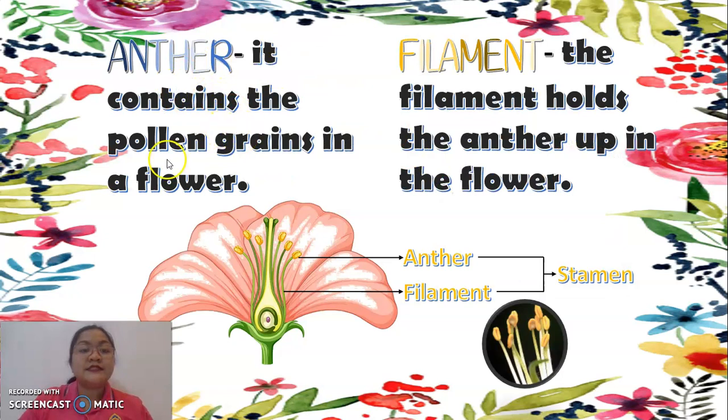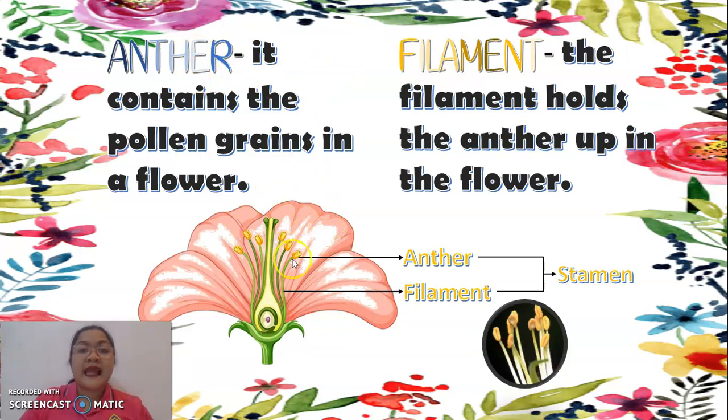So what is an anther and filament? Anther contains the pollen grains in a flower, while the filament holds the anther up in the flower.